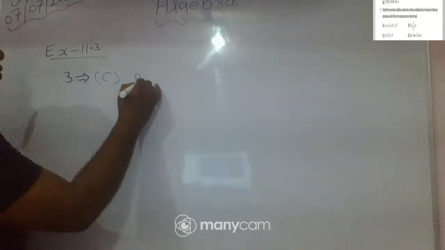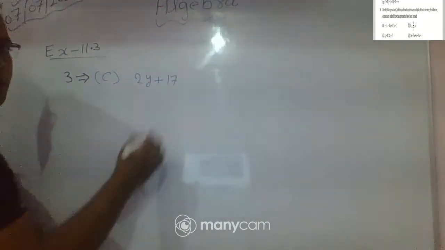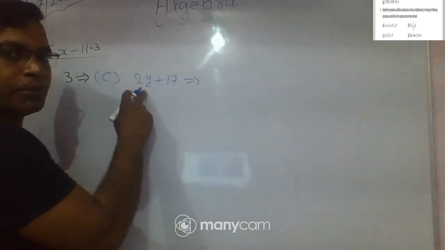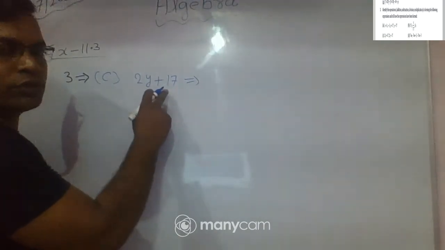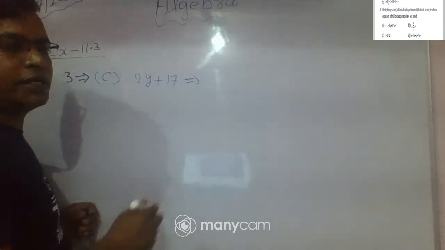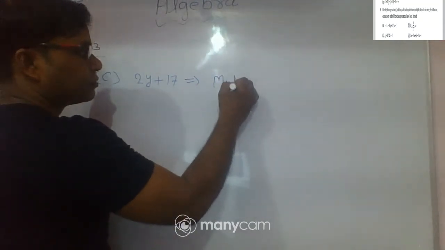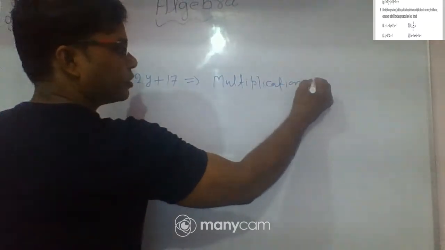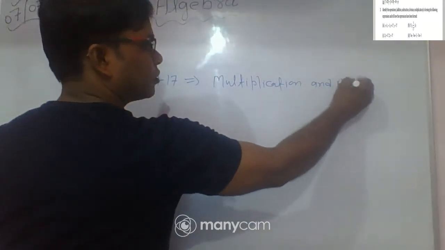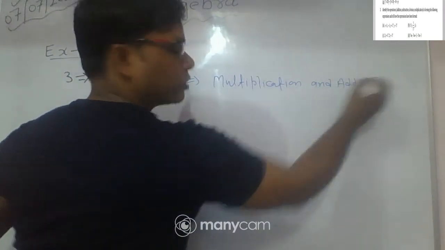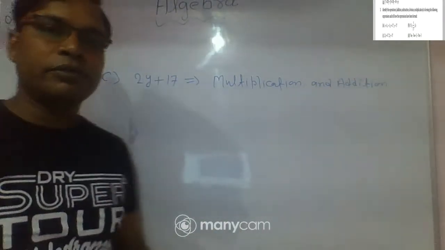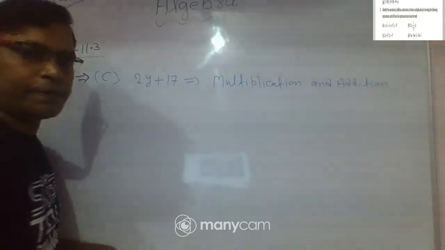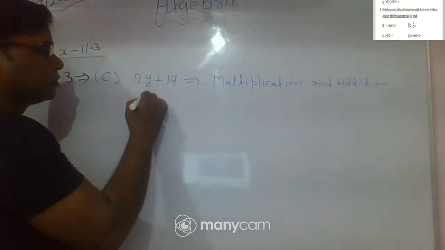C part is 2y plus 70. Okay. So which operation is used here? First, here you can see, multiplication, after this addition. So we can write here multiplication and addition. This is clear. Here we used multiplication and addition. Next, 2y minus 17.